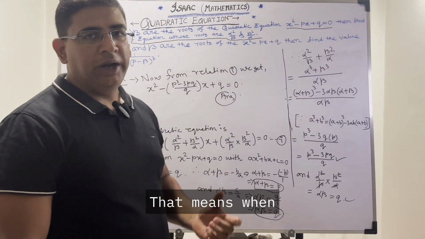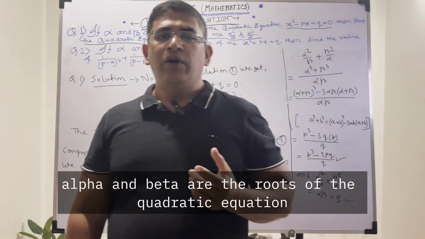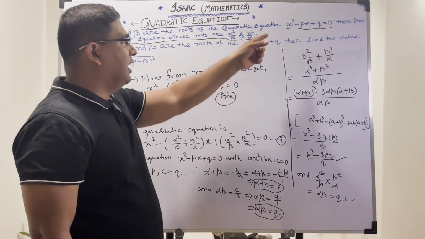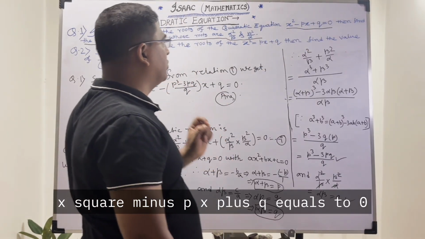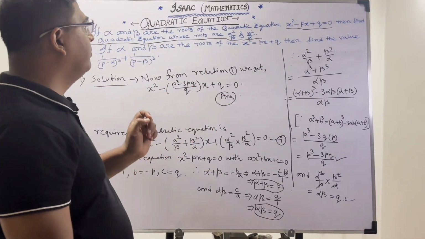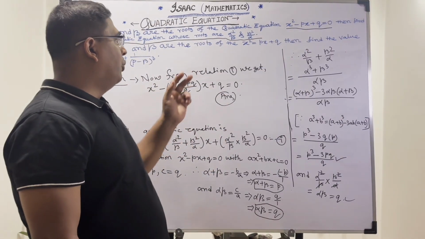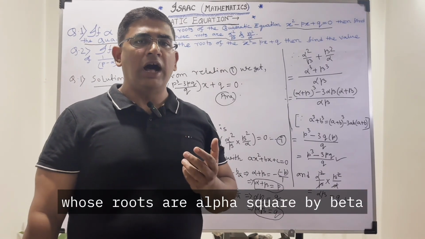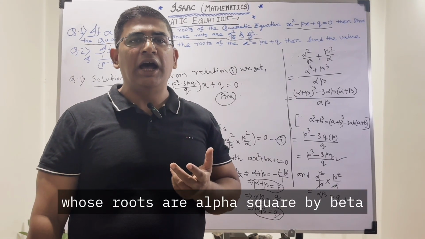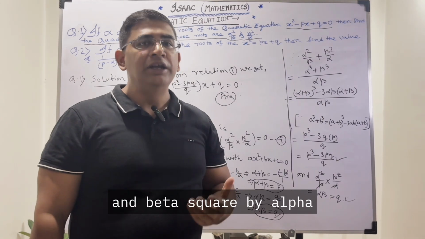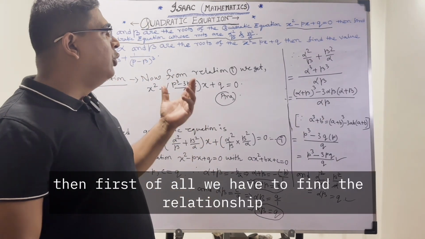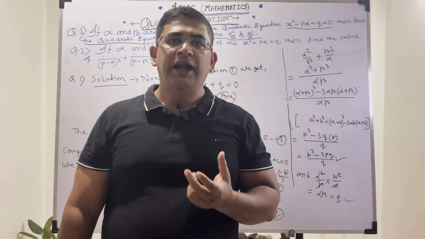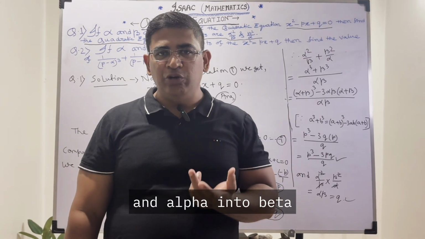That means when alpha and beta are the roots of the quadratic equation x square minus px plus q equals 0, then when we have to find a quadratic equation whose roots are alpha square by beta and beta square by alpha, first of all we have to find the relationship between alpha and beta, that is alpha plus beta and alpha into beta.